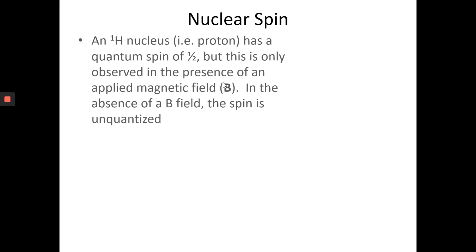All right, a little bit more about nuclear spin. A normal hydrogen nucleus, and if you think about what H1 is, remember the hydrogen nucleus is just a proton. It's one proton and 0 neutrons. And if it's a neutral atom, there's also an electron. But of course, the electron is not in the nucleus. So an H1 nucleus is basically just a proton. It has a quantum spin of 1/2, but you only observe that in the presence of an applied magnetic field.